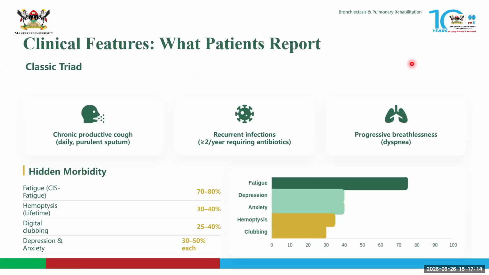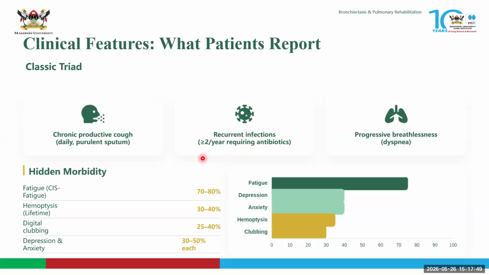Clinical features, like we mentioned: patients come in with a consistent cough. This cough is productive and continuous on a daily basis. They tend to have recurrent infections more than twice a year, and these require antibiotics. This can be seen by the color of the sputum. As it tends toward green from the shades of white to yellow, it definitely has a significance when it comes to bacterial colonization.